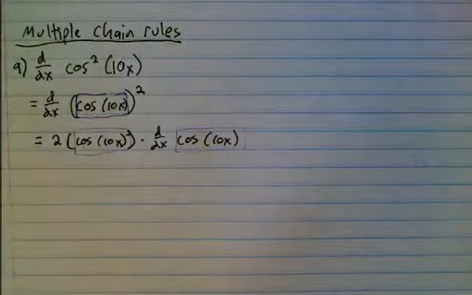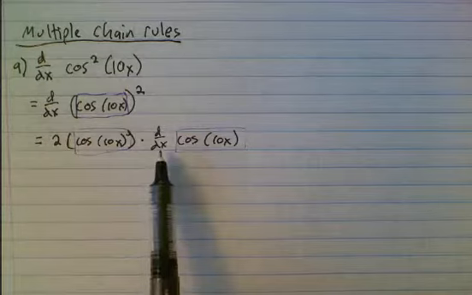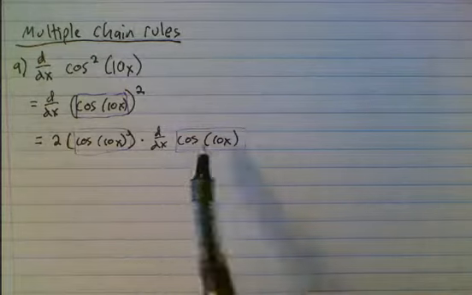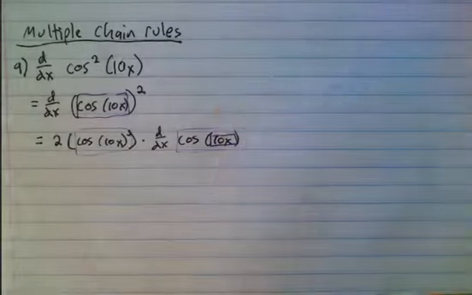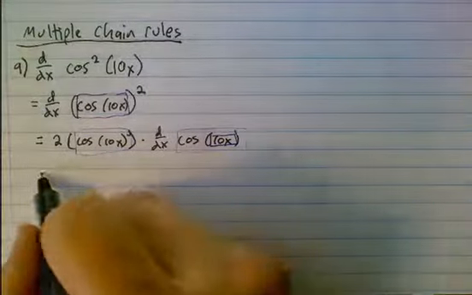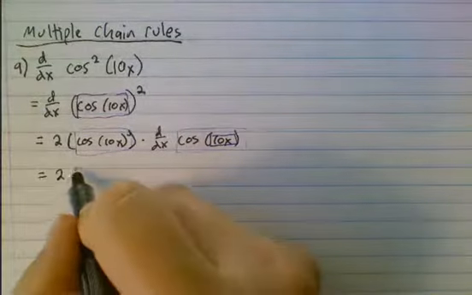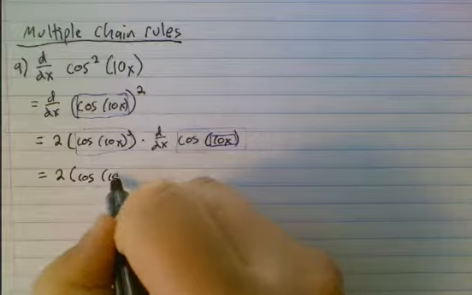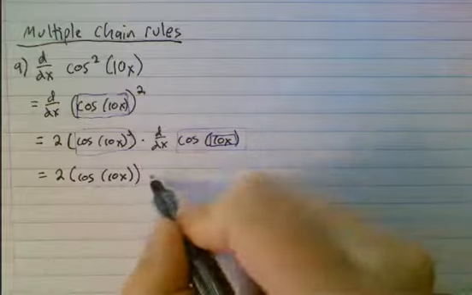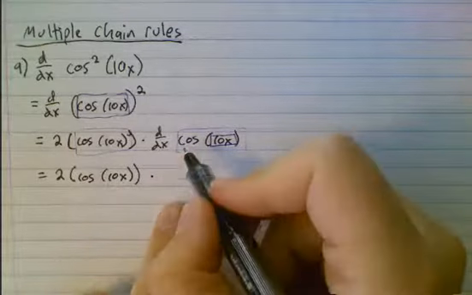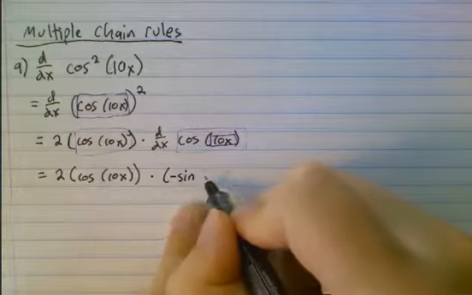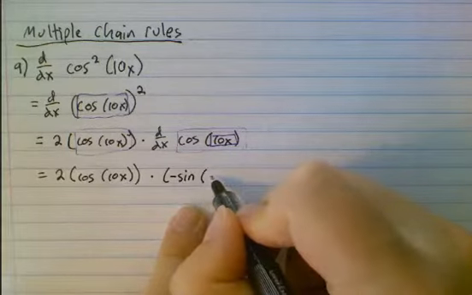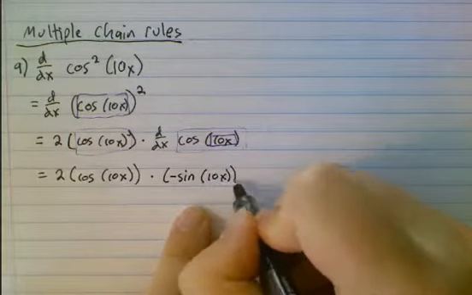However, when we look at this derivative, we can see that there is another box function right here. So that means we have to do the chain rule a second time. This is still just along for the ride, cosine of 10x. But now we're going to do the derivative of cosine, which is negative sine of 10x.